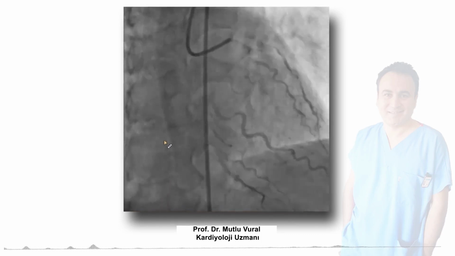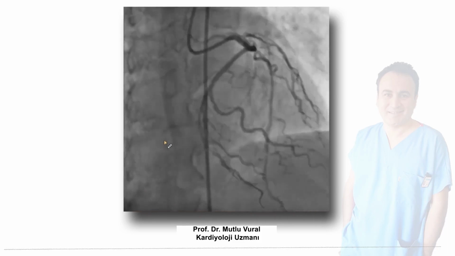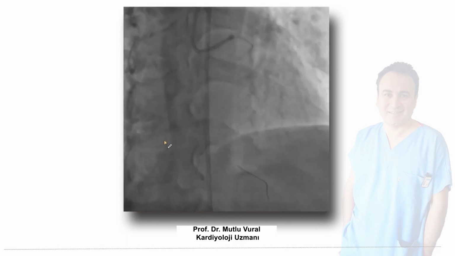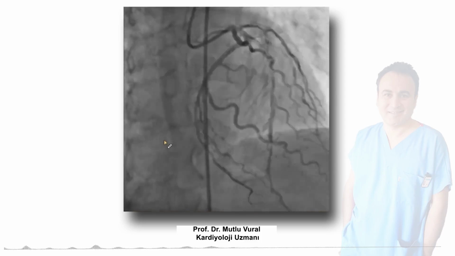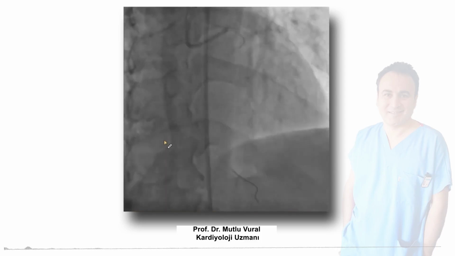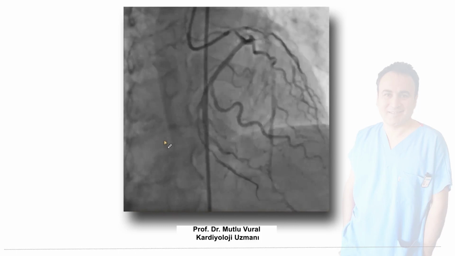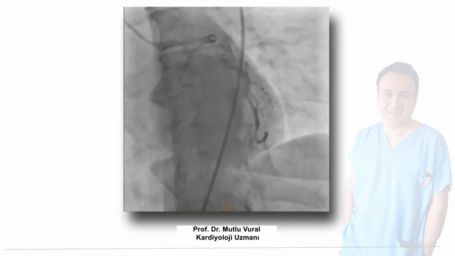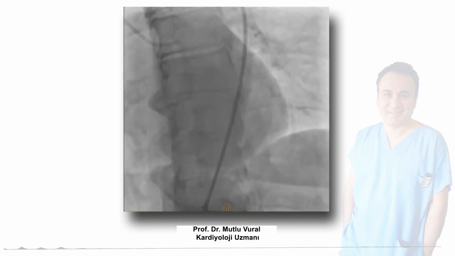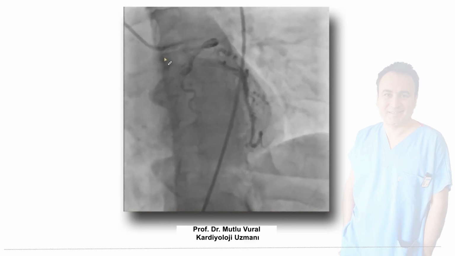And we should be very careful if we are not sure about the position of the guide wire. We can use only 1 atmosphere dilatation with a small balloon in the area and check again. And this is the second case.